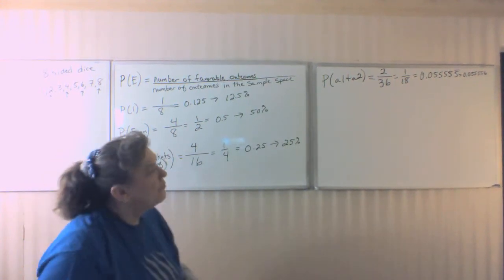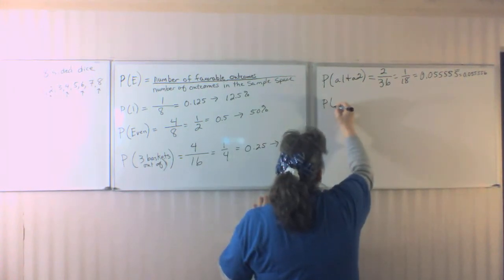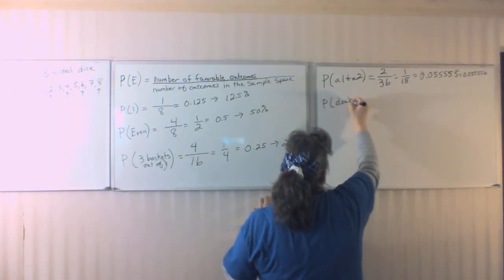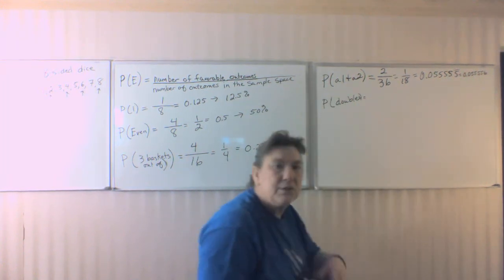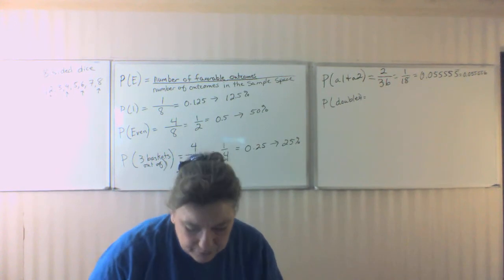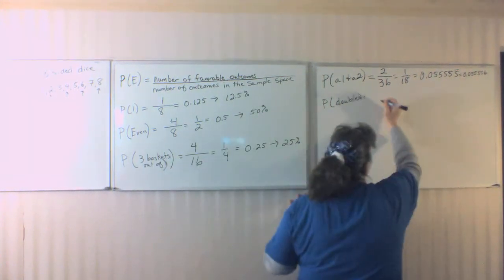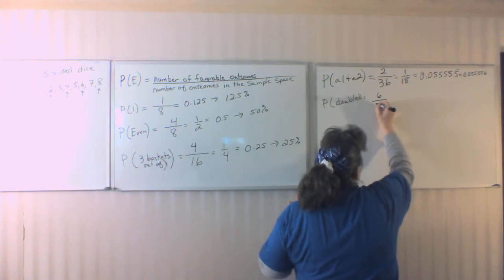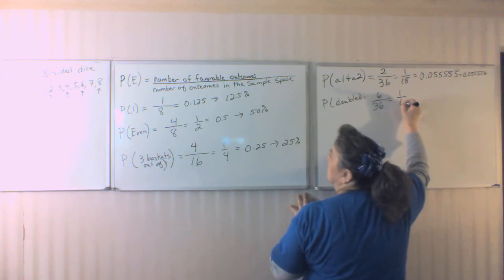Another kind, what if they said, what is the probability of having doubles? That means throwing 2 1s, 2 2s, 2 3s, etc. Well, there's 6 possible doubles. So this is 6 possible doubles out of my 36 in my sample space, which is 1/6.